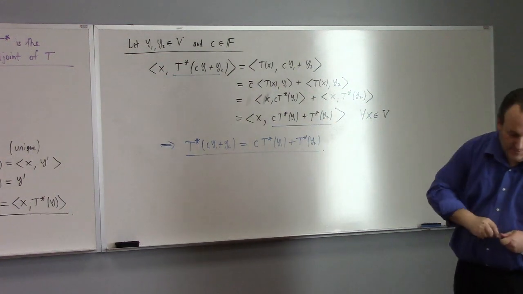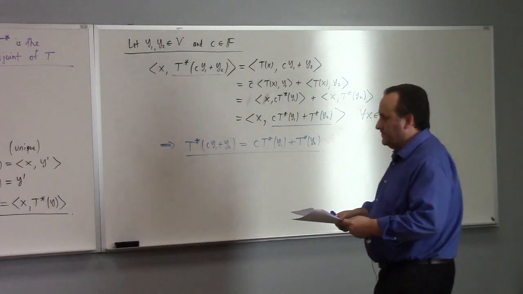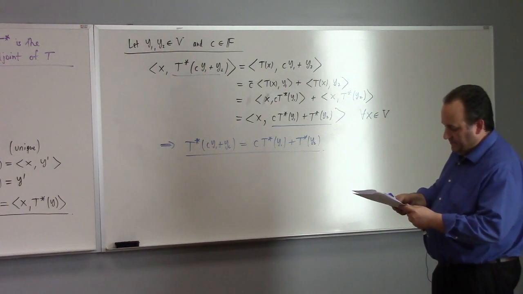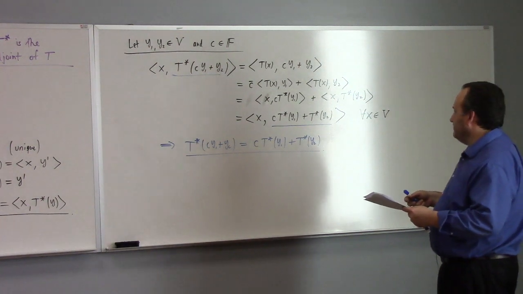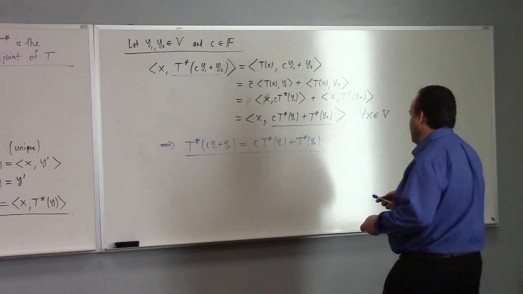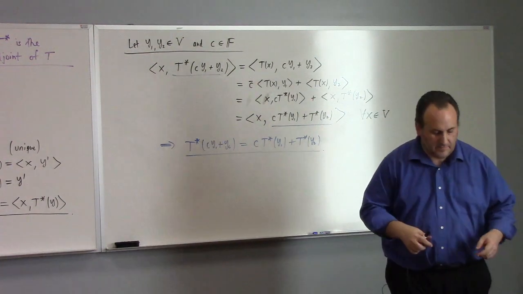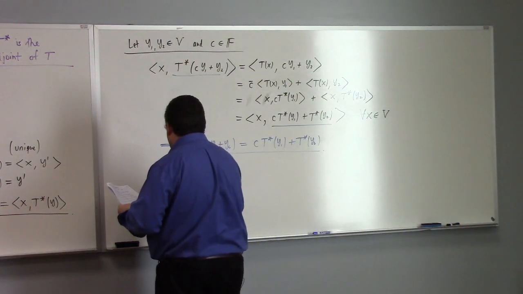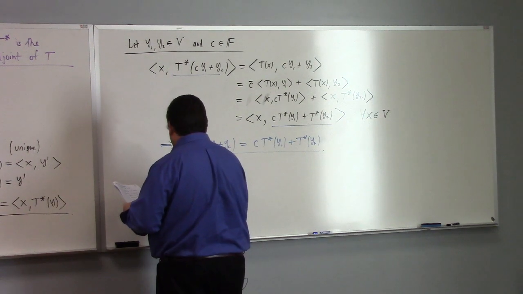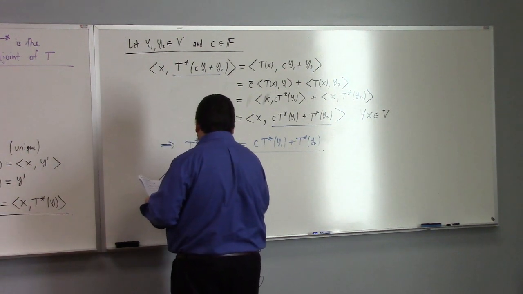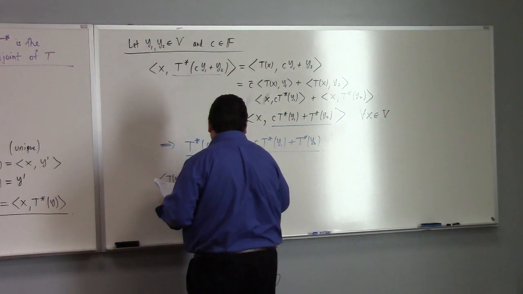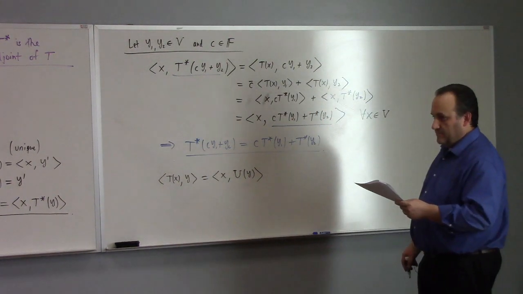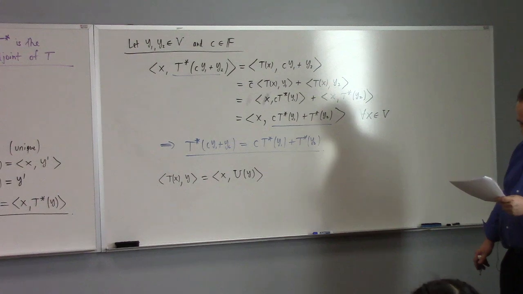All right. Now I guess it does technically remain to show that it's unique. So what if we also had T of x, y equal to x with U of y, which is probably part of what you're worried about, Josh, right? No, I misunderstood the definition of T star. Oh, okay, good.